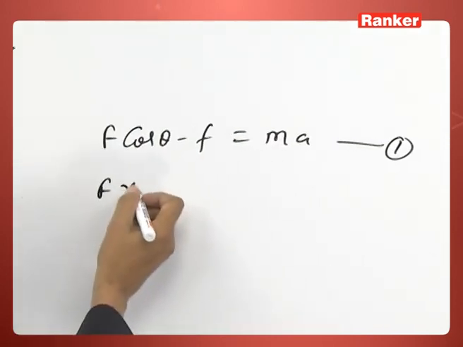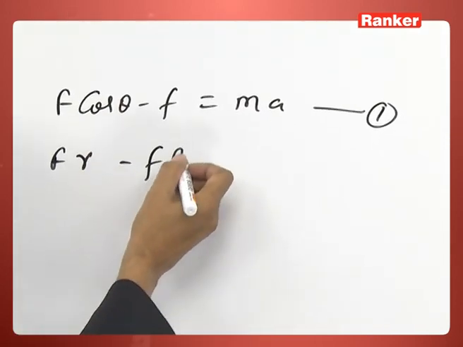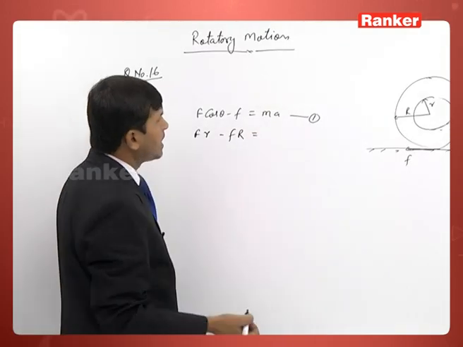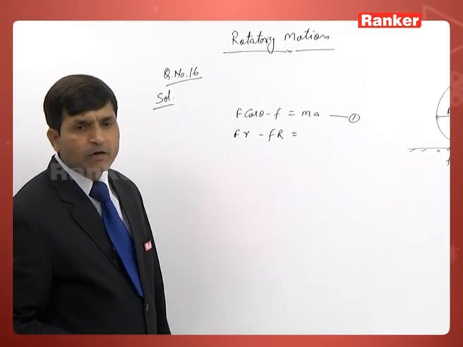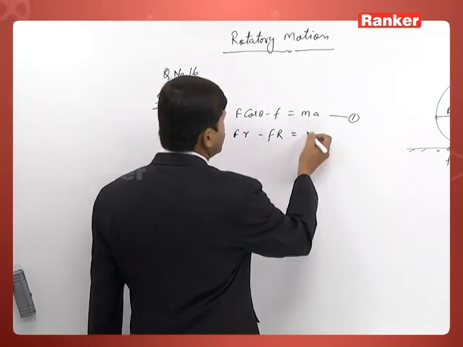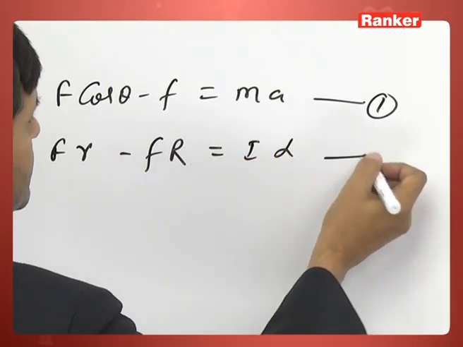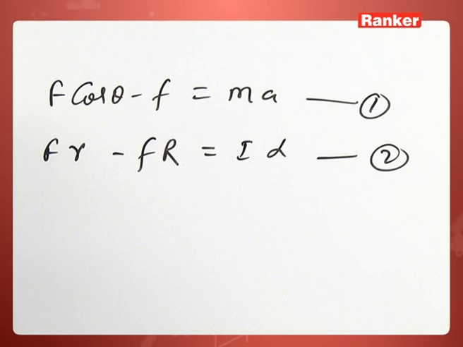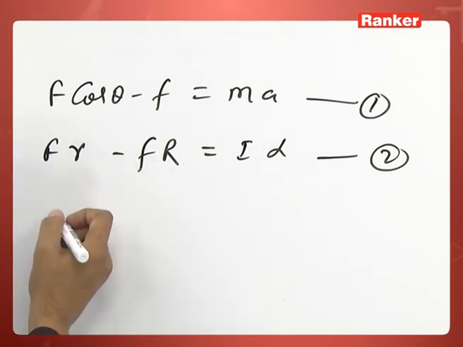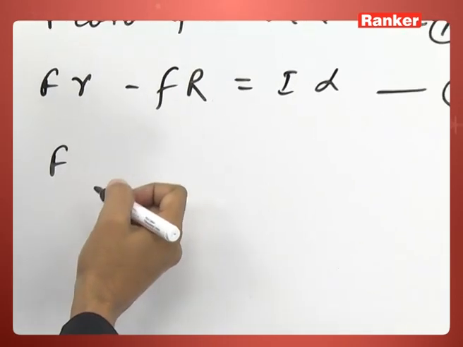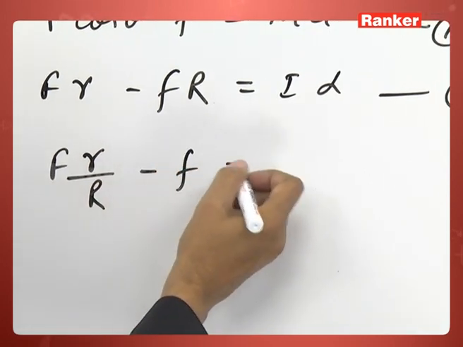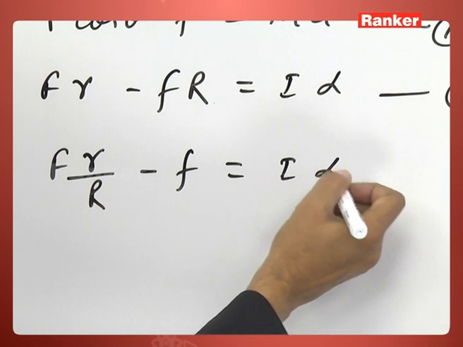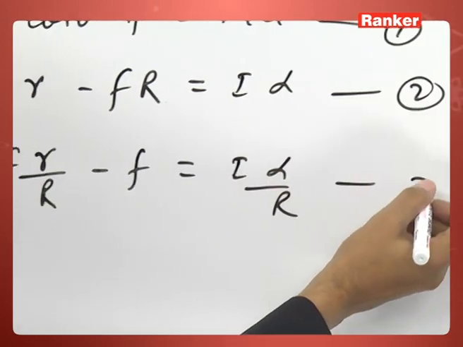So F into r minus f into capital R is I into alpha, where I is the moment of inertia. Now from here we can write F small r by capital R minus small f equals I alpha by R.